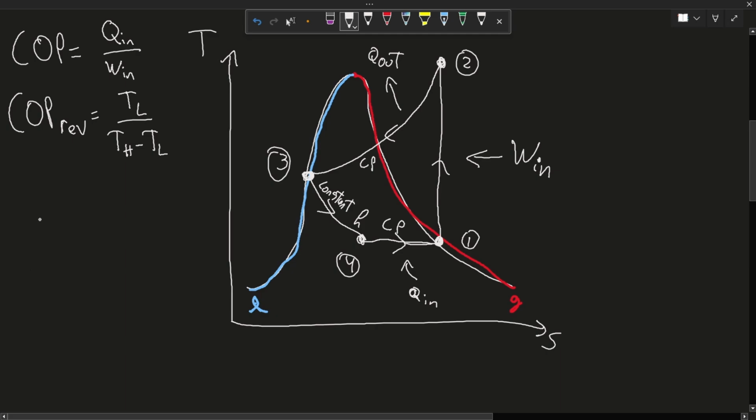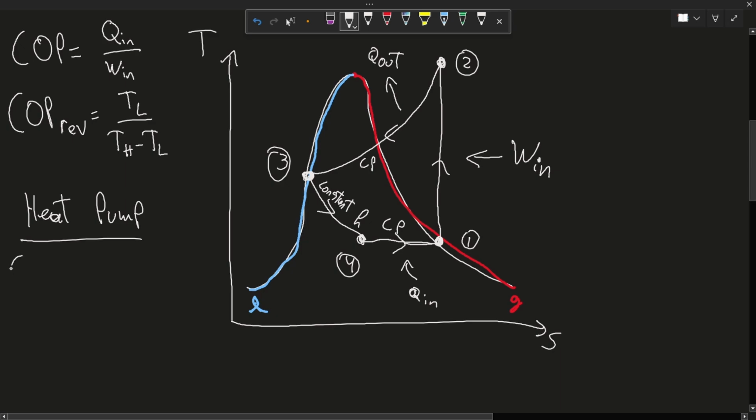Now, if it's a heat pump, first of all, it's going to state in your problem statement that it's a heat pump. Basically, it's the exact same cycle, the same TS diagram. It's just the purpose that is different. The heat pump is meant to send heat into a space, and a normal refrigeration cycle is meant to send cold air into a space.